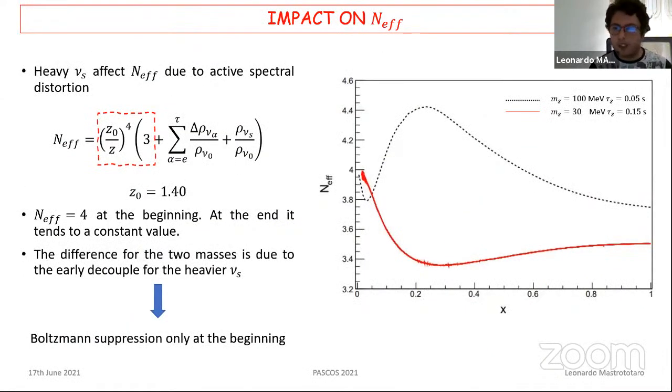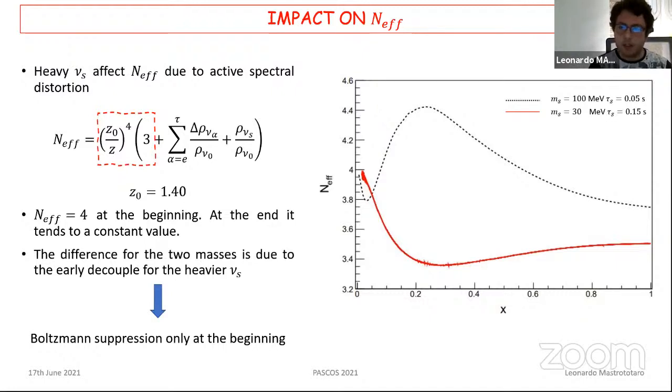So the impact of the sterile neutrinos in the early universe is based on two parameters. The first is N_eff, the effective number of neutrinos, that in the standard model is 3 with some small corrections, while in this case there is a new definition that one can see here, and it starts from a value of 4 and then decreases until a constant value. There are two main situations. The first is for light mass, in this case the red curve at 30 MeV, and we observe a smooth decrease of N_eff, reaching a constant value.